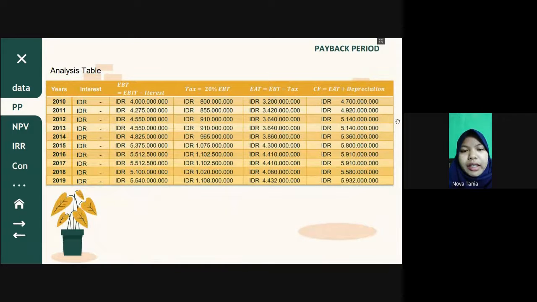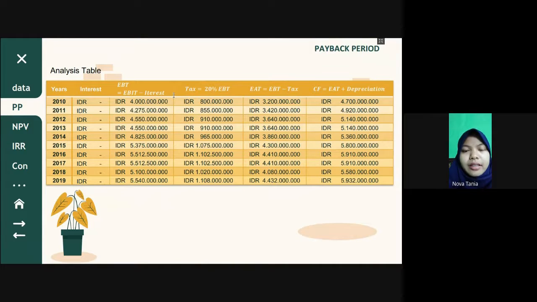And then continue the analysis table. The first column is years, and then the interest in the second column. The interest is 0 because PT Mustika does not use money from the bank or obligation. PT Mustika just uses money from the owner. So the value of interest is 0. And then the next column, EBT, earning before tax, is equal to EBIT minus the interest.